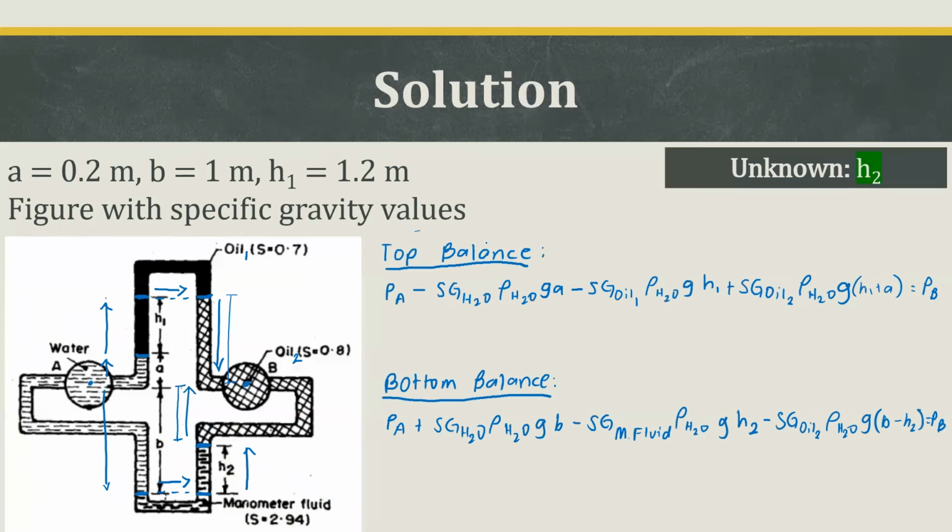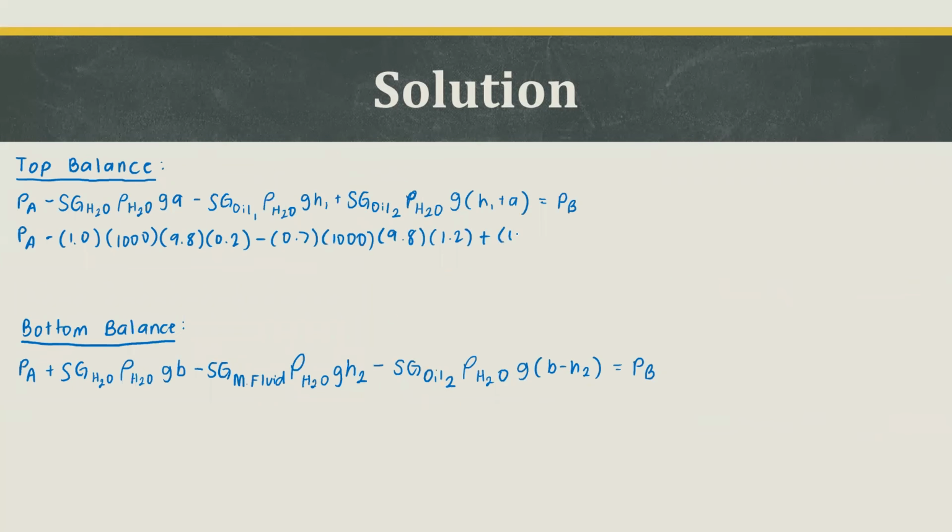Then specific gravity of oil 2, that's 0.8, then 1000 again, 9.8 again. Then we have H1, which is 1.2, plus A, which is 0.2, equal to pressure at point B. So when we simplify this, we should get P sub A plus 784 pascals equals P sub B. So this will be our first equation.